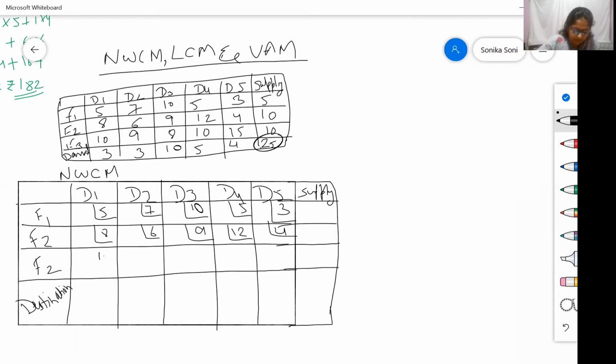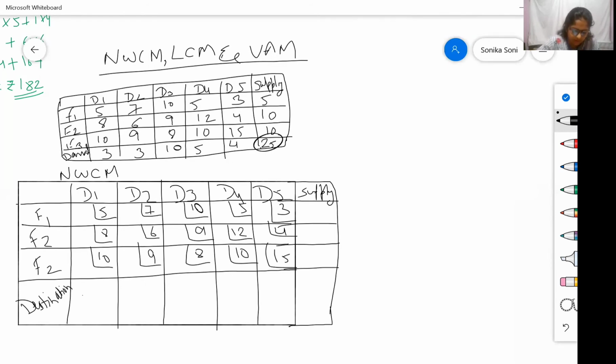Then we have 10 as F3D1, 9 as F3D2, 8 as F3D3, 10 as F3D4, 15 as F3D5.